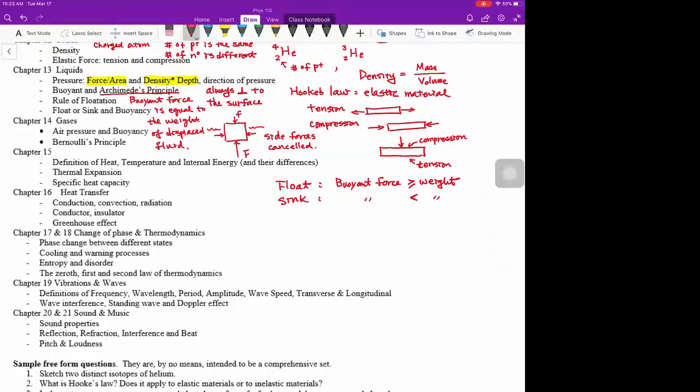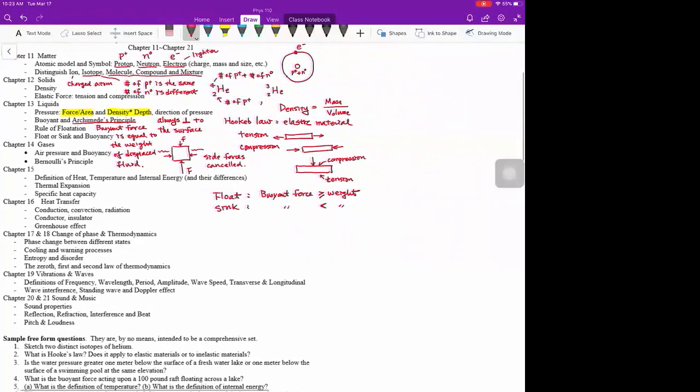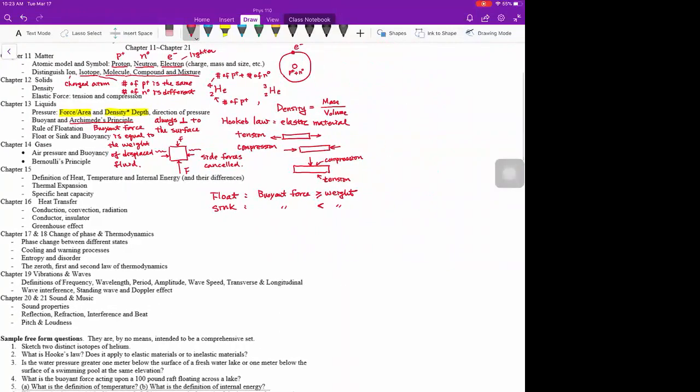That's the simple rule about that. And we also talk about what the buoyant force is in different situations. If you have a floating object, the buoyant force is equal to the weight.